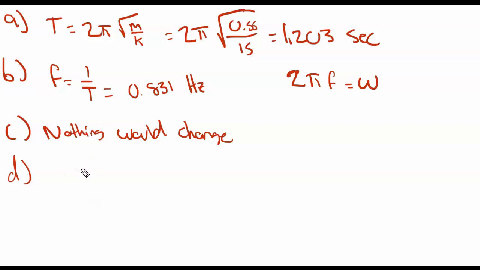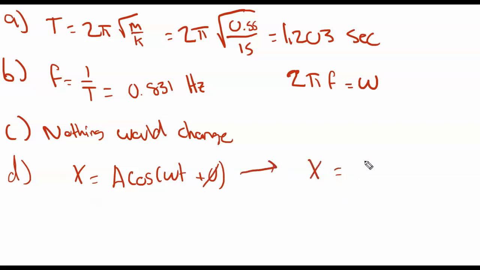Okay, so I know that the equation of motion for simple harmonic motion looks like this: x equals A cosine of omega t plus phi. In this specific example, the amplitude is 5 centimeters, and I can find omega, because remember, omega is 2 pi divided by the period, or 2 pi times the frequency.